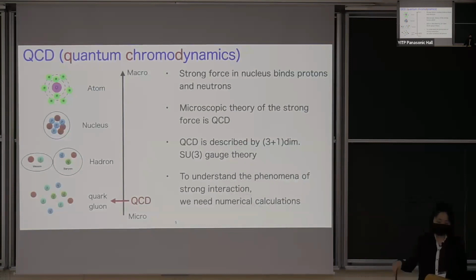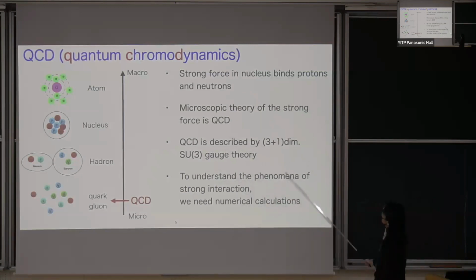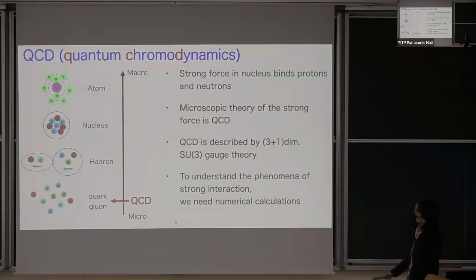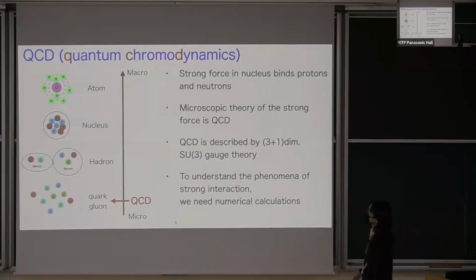If there were only the electromagnetic force, protons would repel each other and neutrons have no electric force, so the nucleus would not form. Actually, there is a stronger force than the electric force in the nucleus, and it binds the proton and neutron. QCD is the microscopic theory of this strong force.